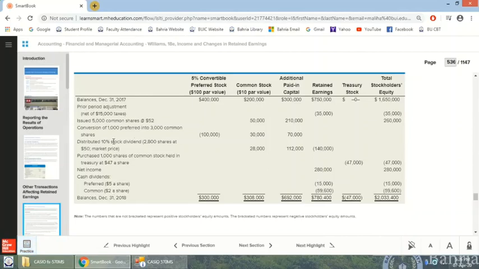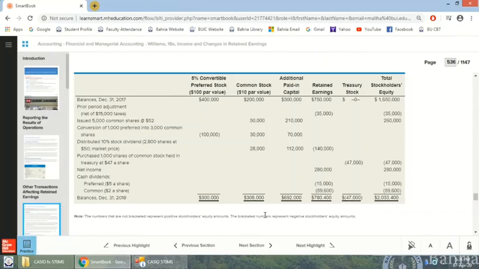Now see that initially we had 3,000, and then we had a stock dividend of 2,800. So we have basically the common stock as 308,000. Out of this 308,000, when you divide by the $10 par value, you get 30,800. But remember that we have already held in treasury 1,000 shares.